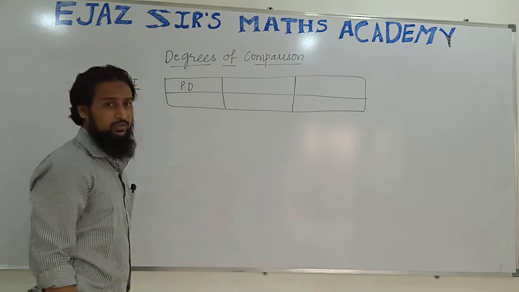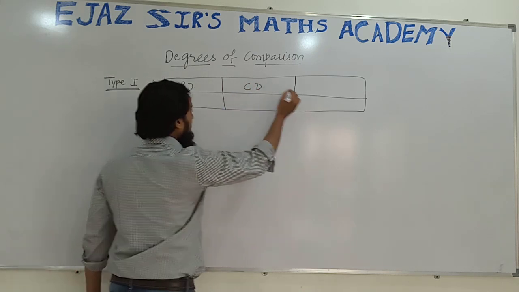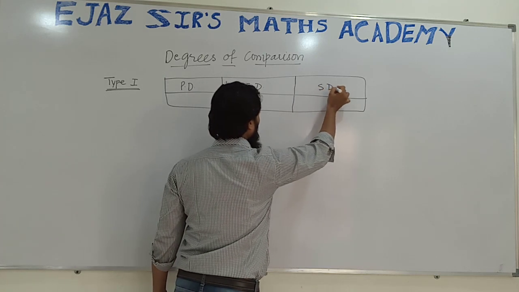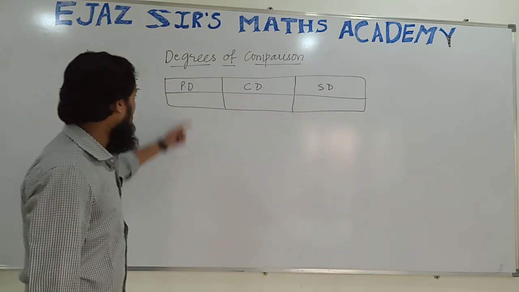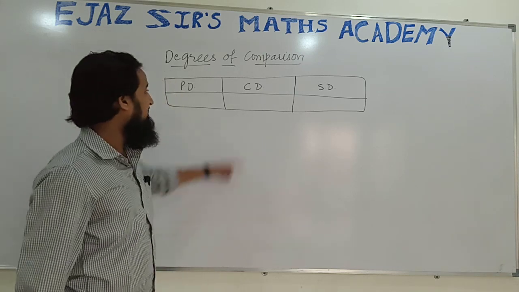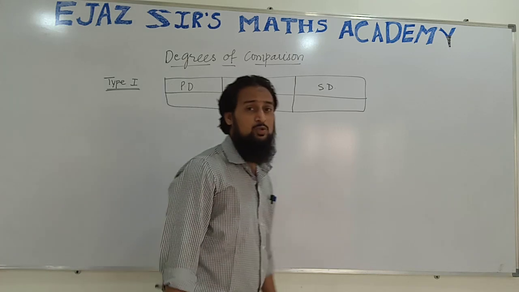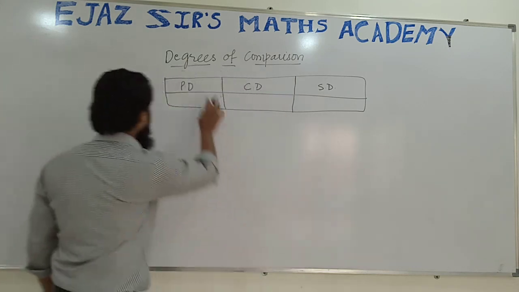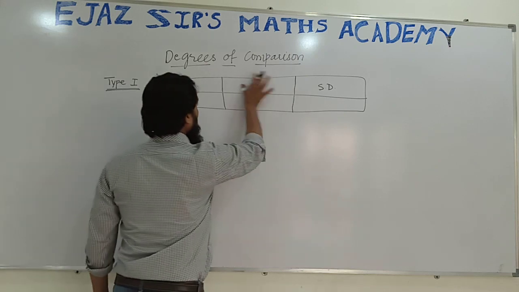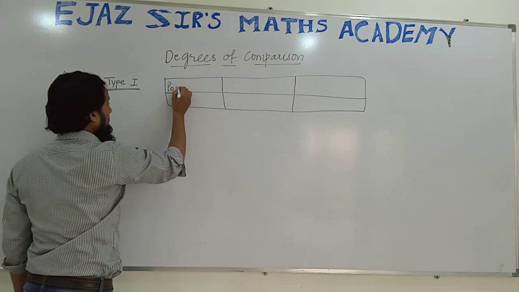We'll write positive degree with PD, comparative degree would be CD, and superlative degree would be SD. What is PD? PD is positive degree of comparison. What is CD? Comparative degree. What is SD? Superlative degree. Shall I write down their full forms? Since we are writing for the first time, we should write the complete spelling.